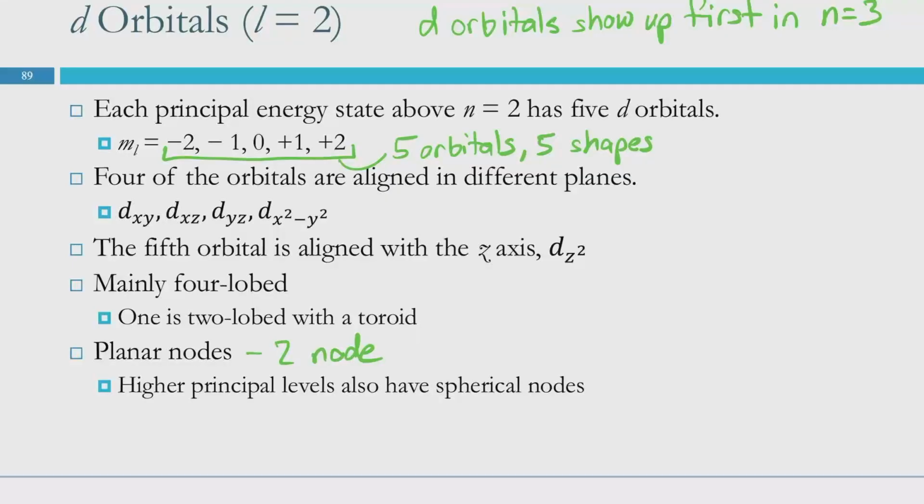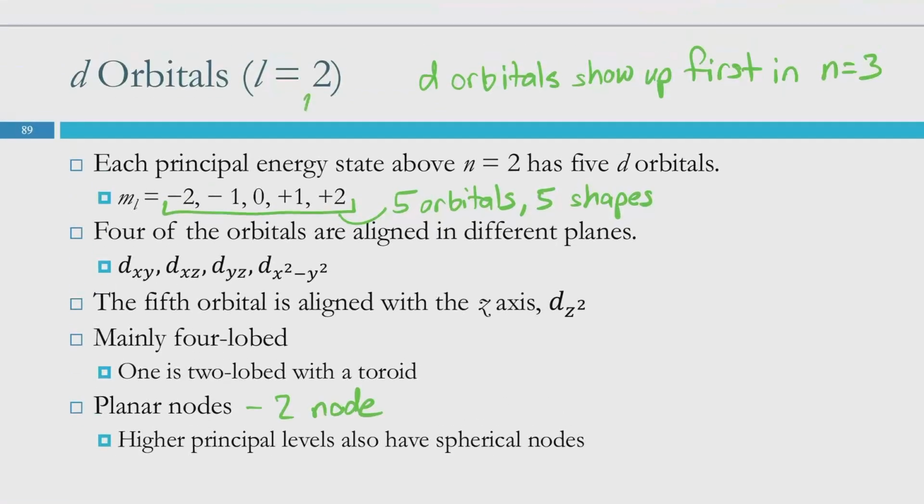It's 3. So 2 places where you can fruit ninja chop, and there's not going to be any electron density on that plane. That's all the nodes are.